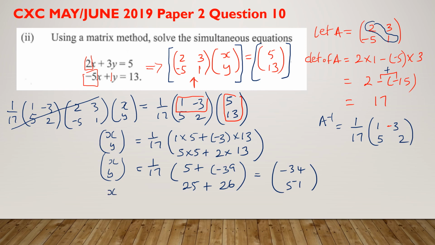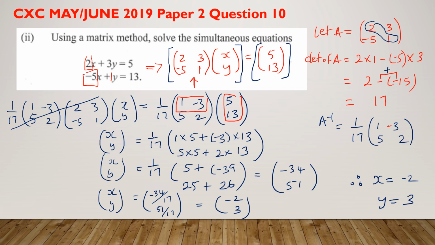So x and y would be -34 over 17, 51 over 17, and that is going to give us -2, 3. Therefore, our answer, x is -2 and y is 3.